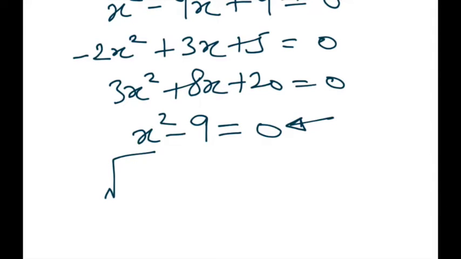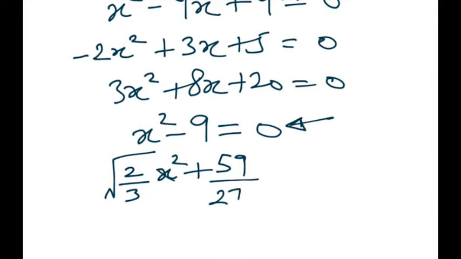This is one more example. Under root of 2 by 3, x square plus 59 by 27 x plus 48 equals to 0.